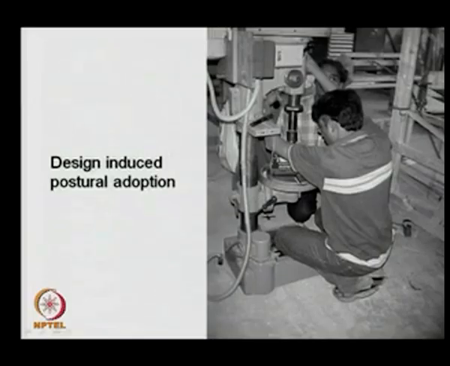So, in this matter, design induced means this machine made this person adapt this posture, and if we need to have a series of basins in rows and columns, then what would be the gap in between, so that this person can stand and squat, and what would be the distance, that is, the specific gap space requirement, and the additional allowances that should be considered. For that we need to understand the body dimensions for these postures.